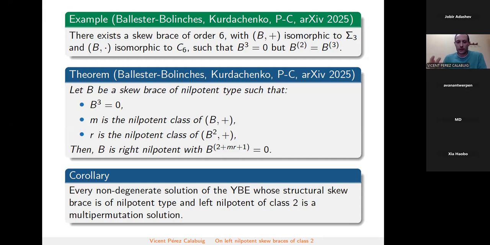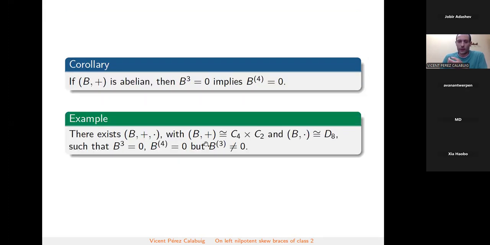And the second corollary from the result is the case of abelian type, because in this case M is equal to 1 and R is also equal to 1, and therefore if B is left nilpotent of class 2 and of abelian type, then B is right nilpotent of class at most 3.